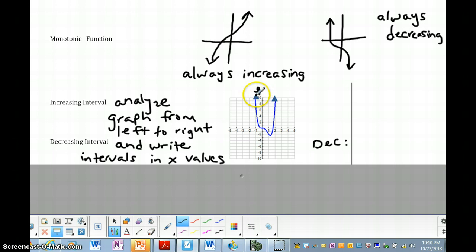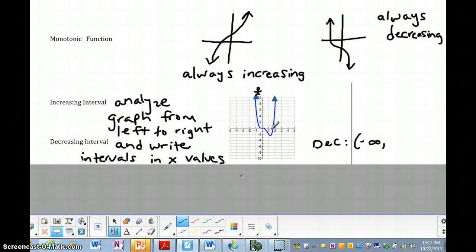Our little person here is actually starting way out here on our graph. Our x value would be at negative infinity. And then this person, or roller coaster, depending on how your teacher taught it, would stop right about here.